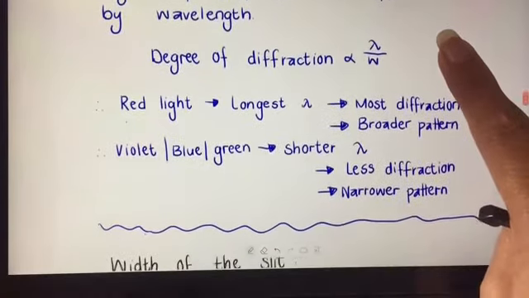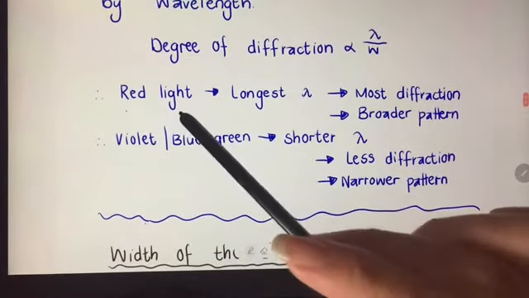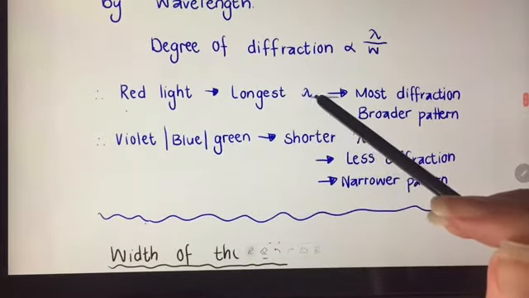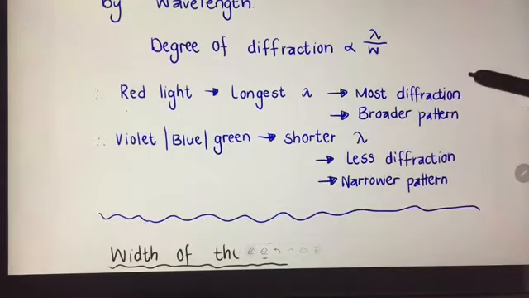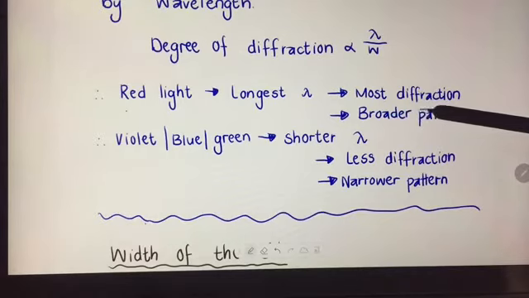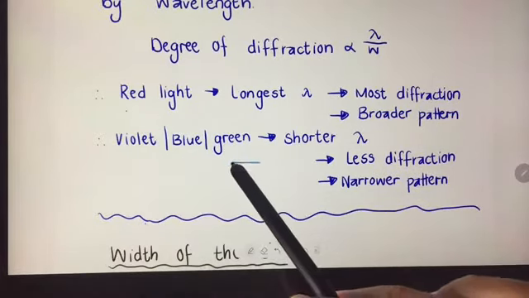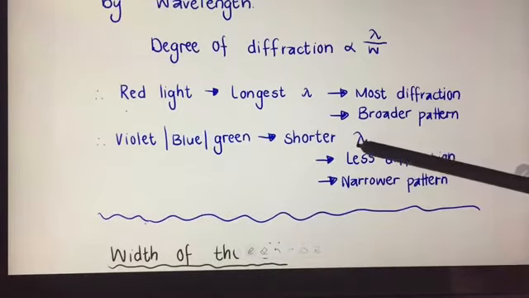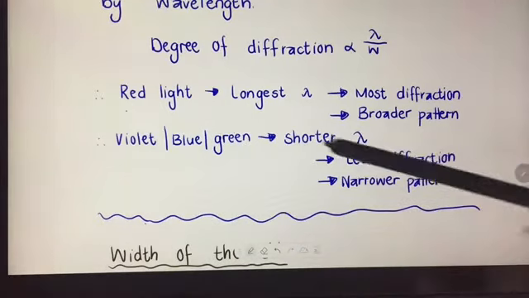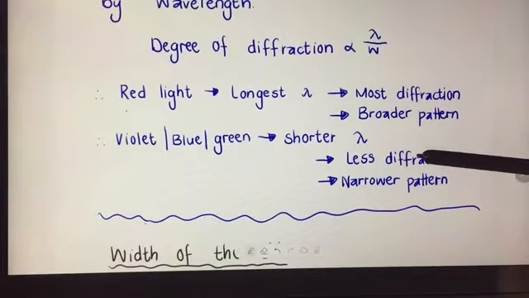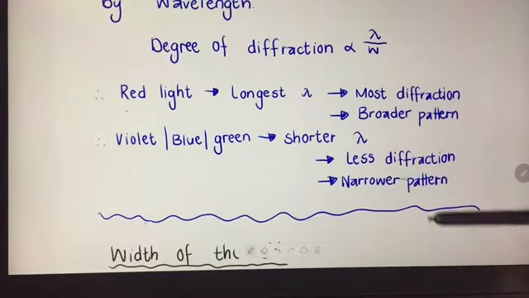That is the reason why red light, because it has the longest wavelength of the different colors of the spectrum, is diffracted the most, so you'll see the broadest pattern there, compared to violet or blue or green. Those colors have a shorter wavelength compared to red light, so they will undergo less diffraction and a narrower pattern will be seen on the screen.